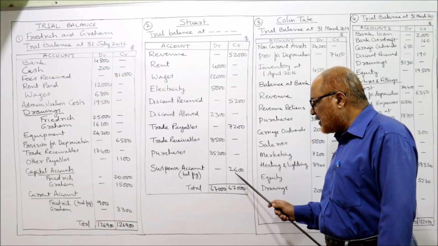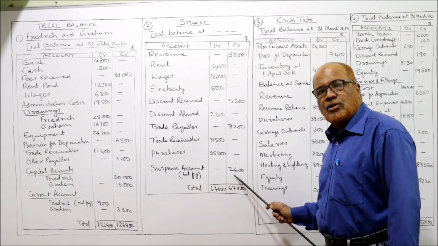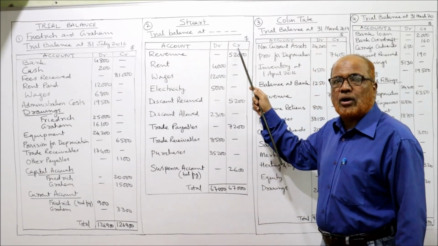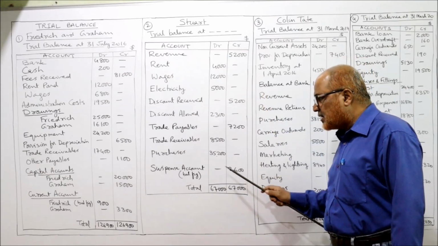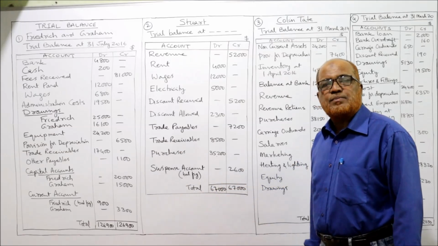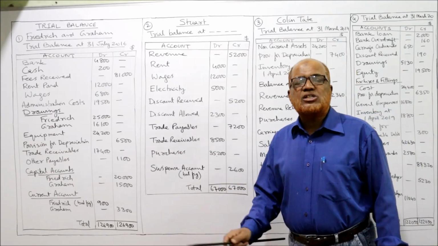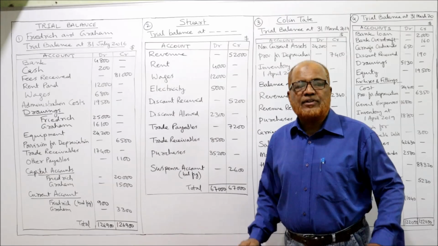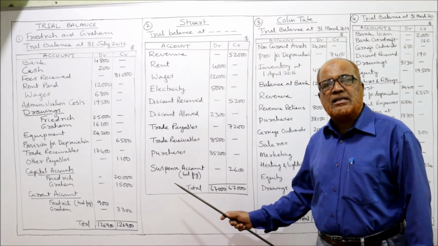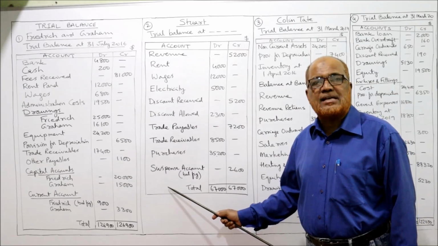The balancing figure is 2,600. The 2,600 is short in which column? The credit column. So here I am writing 2,600 as the balancing figure. It's a suspense account. When the trial balance does not tally after taking all the values, we put the balance in a new account called suspense account.